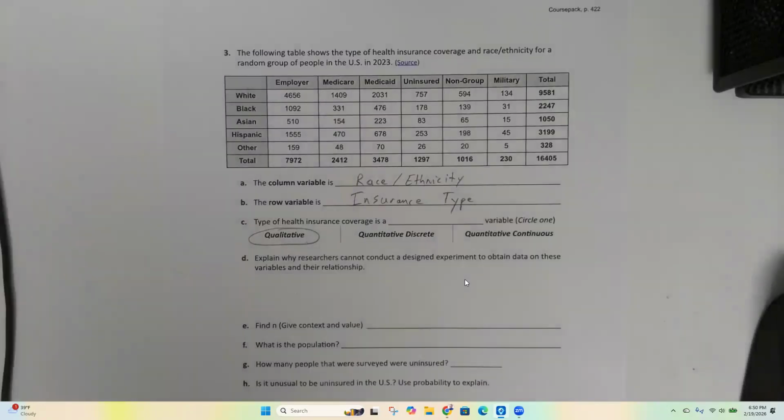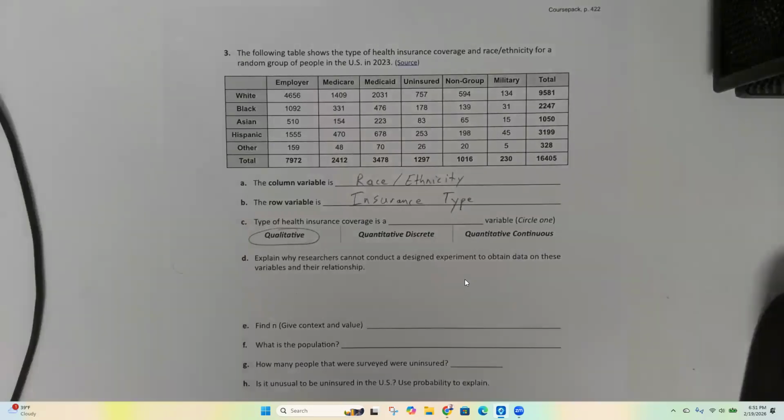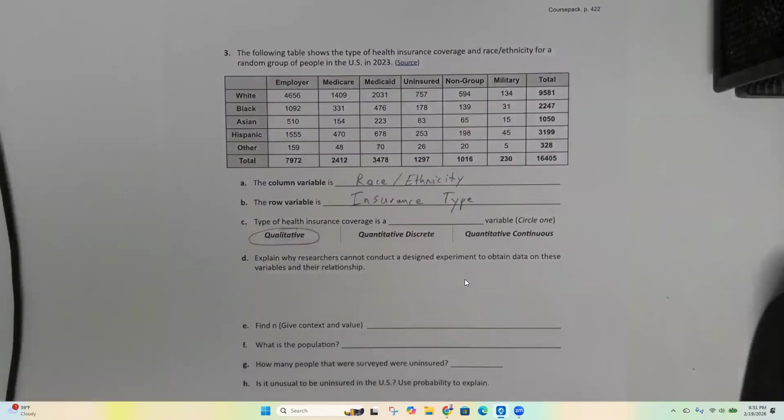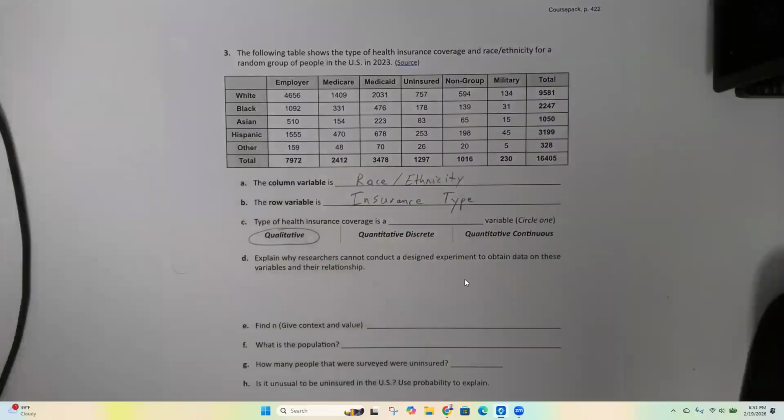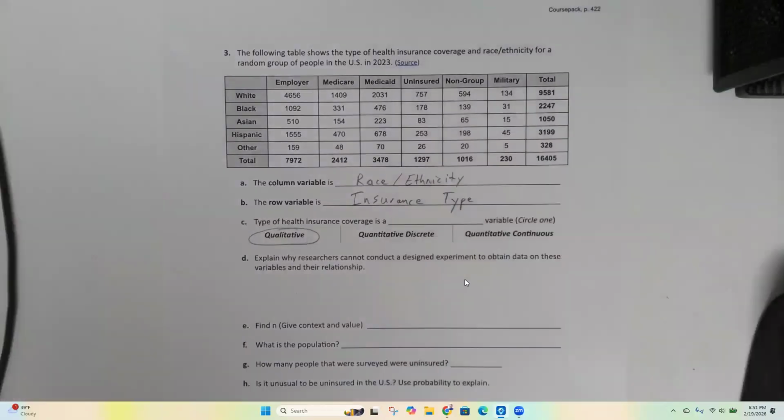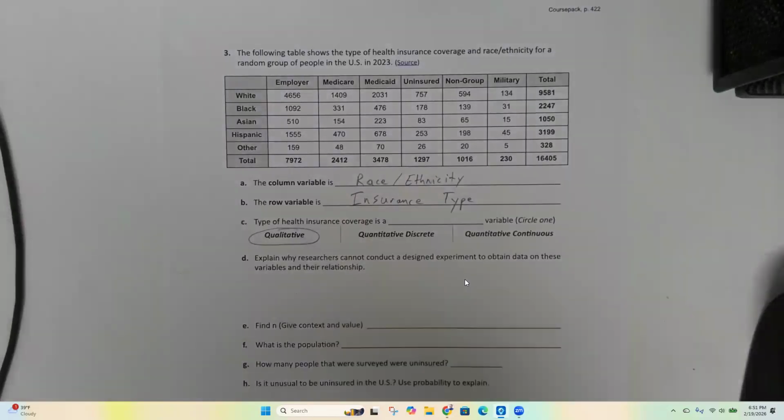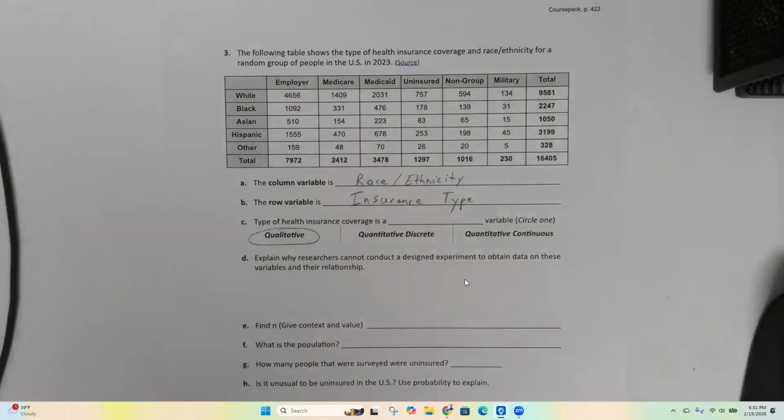Explain why researchers cannot conduct a designed experiment to obtain data on these variables and the relationships. What do you guys think? So, is this a designed experiment? Why can't you do a designed experiment? A designed experiment is where you get a group of people and you randomly assign them: these people are going to get this, these people are going to get that.